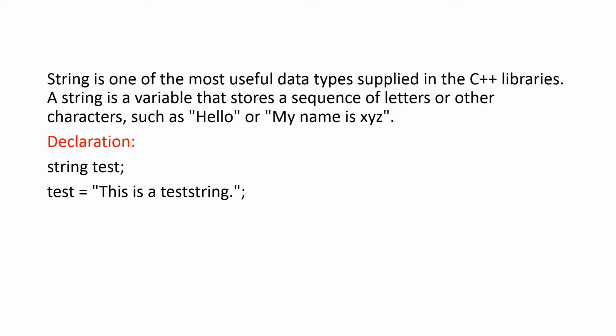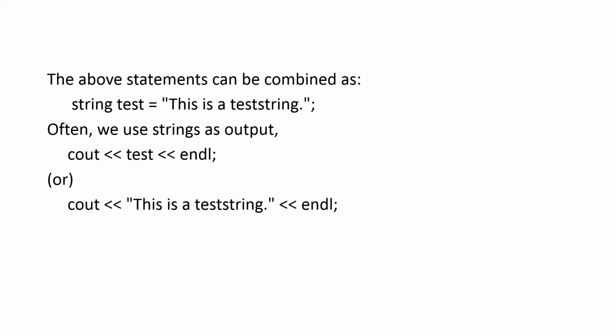String is one of the most useful data types applied in C++ libraries, and the declaration is string. String is the data type and test is the name of the string. So string test, and the value is, this is a test string. The above statements can be combined as string test is equal to, this is a test string.